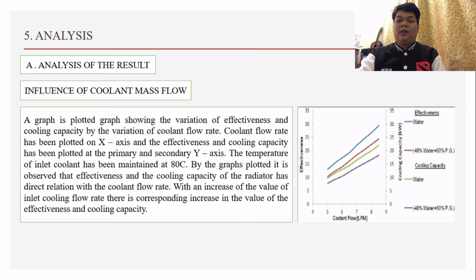The temperature of the inlet coolant has been maintained at 80 Celsius. From the graph plotted, it is observed that the effectiveness and the cooling capacity of the radiator have a direct relation with the coolant flow rate. With an increase in the inlet coolant flow rate, there is a corresponding increase in the effectiveness and cooling capacity.